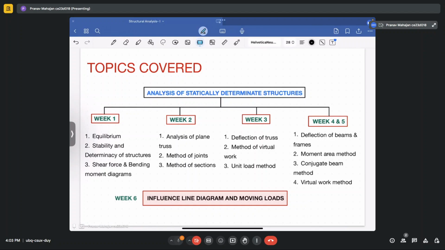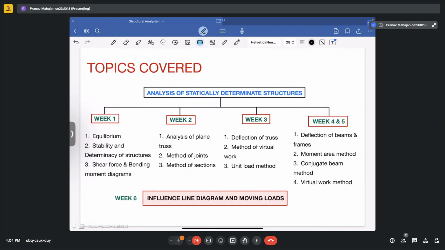In case the structure is very large and we are required to calculate the force of a particular member, then we use the method of sections. In the method of sections, we divide the structure into two halves using a cutting plane, and we apply the summation of moment at a particular point equal to zero, so that we can calculate the unknown force in the truss members.